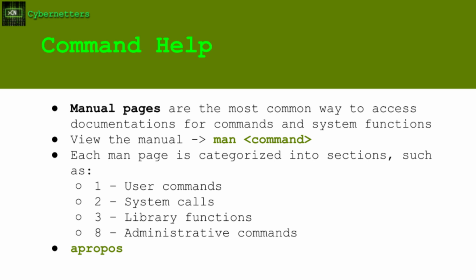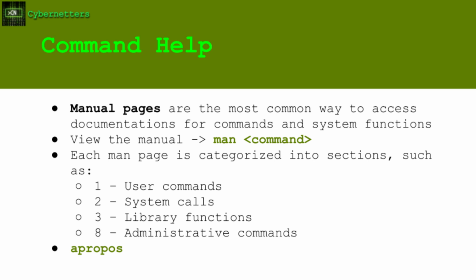Each man page is categorized into sections, such as section 1 has all the user commands, section 2 has all the system calls, section 3 has all the library functions, and section 8 has all the admin commands. If you want to search for commands by keyword, use man -k and then the keywords. Or you can use apropos and then the keywords.